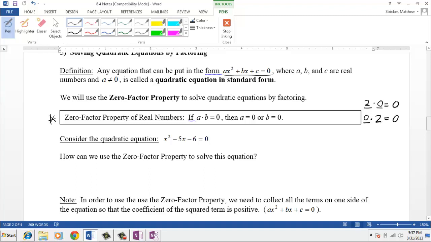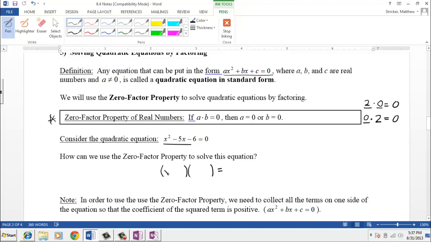The answer is that we need to make the left-hand side look like something times something. Well, how do we do that? That is called factoring. That's the process of turning some quantity into a product.